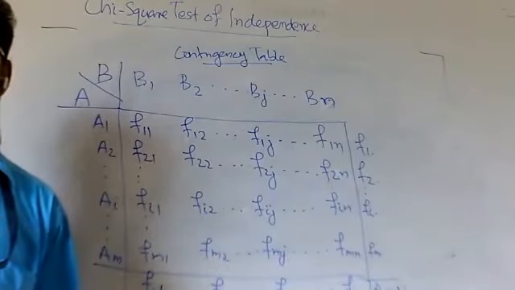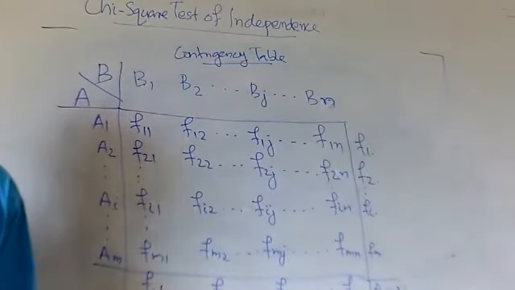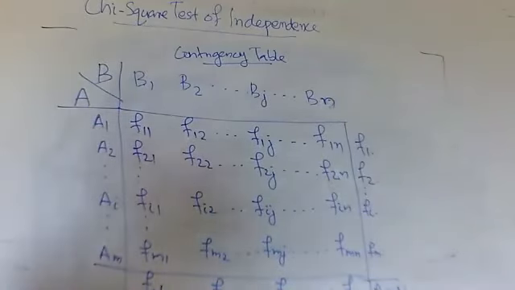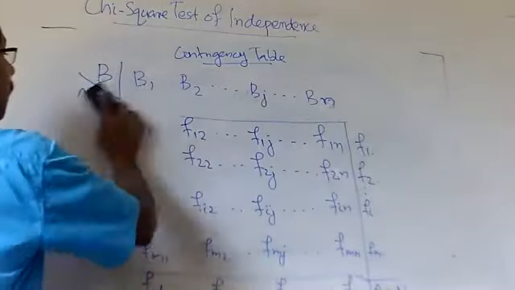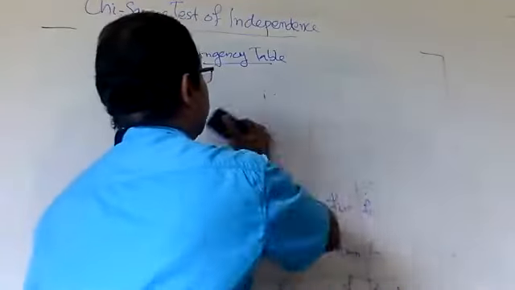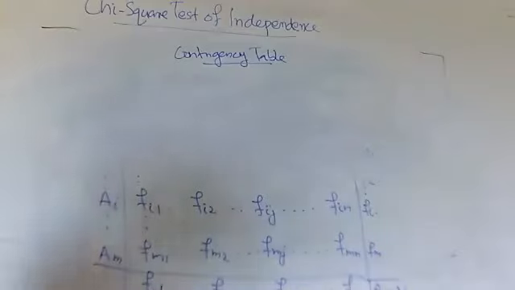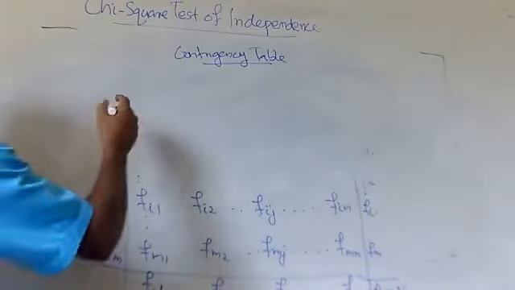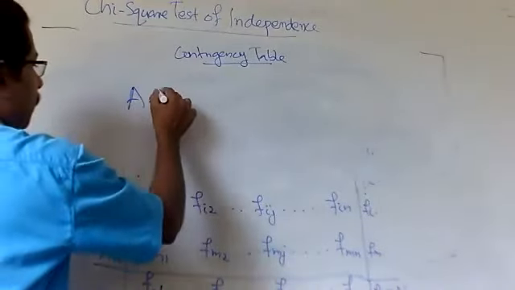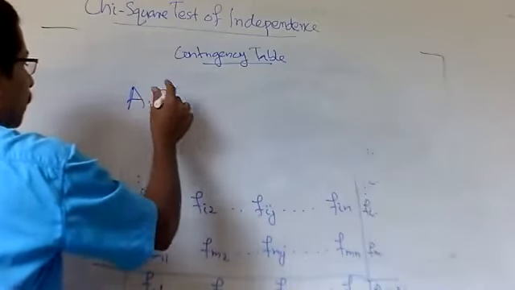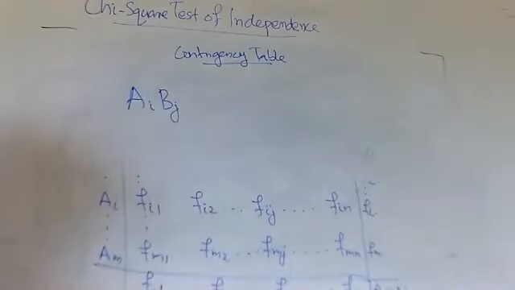Suppose H naught says that these attributes are independent. In that case, consider the event Ai and another event Bj.